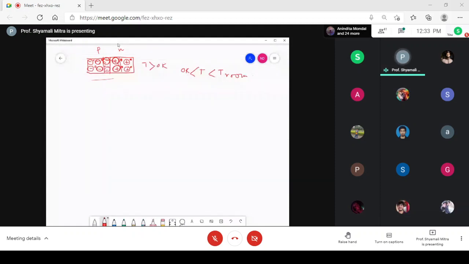This acceptor atom, which had an extra hole a few minutes before, now has a lack of hole and has become an acceptor ion. Similarly, this donor atom, which had its associated extra electron, releases that electron and becomes an ion.